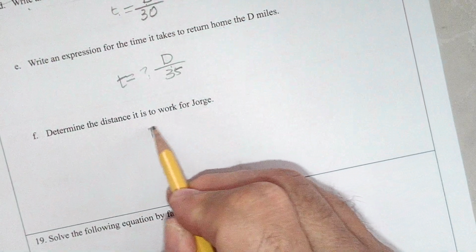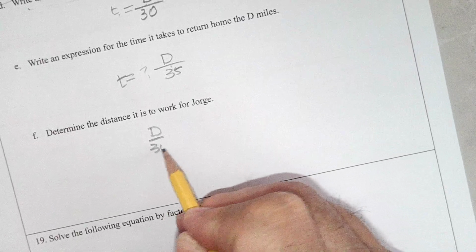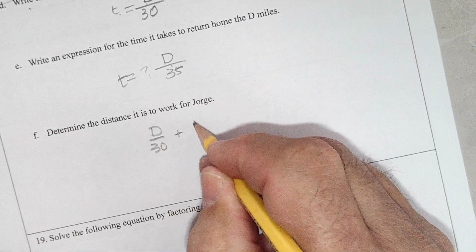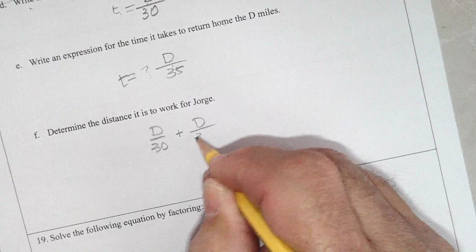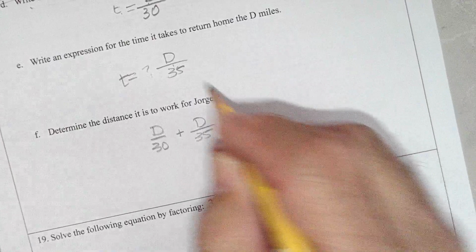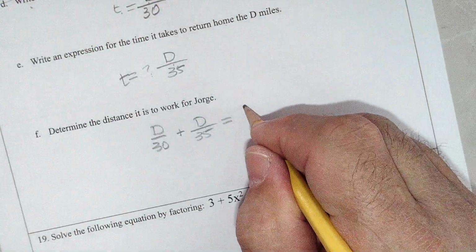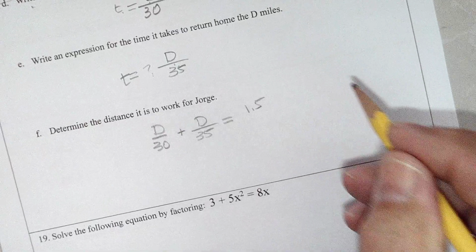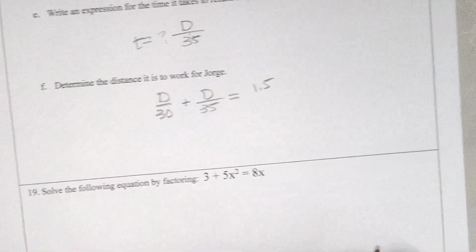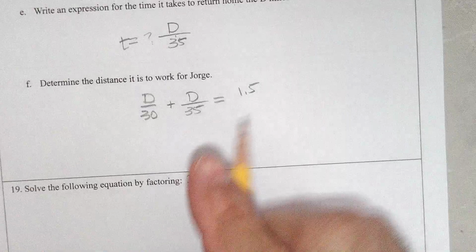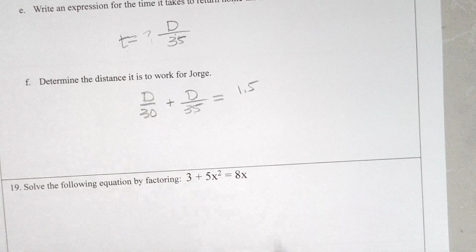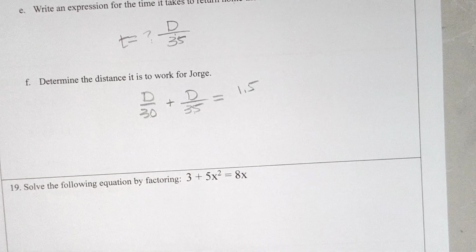And it said the total time is supposed to be 1.5 hours. And I could have written 3 halves. But anyway, what's the common denominator?